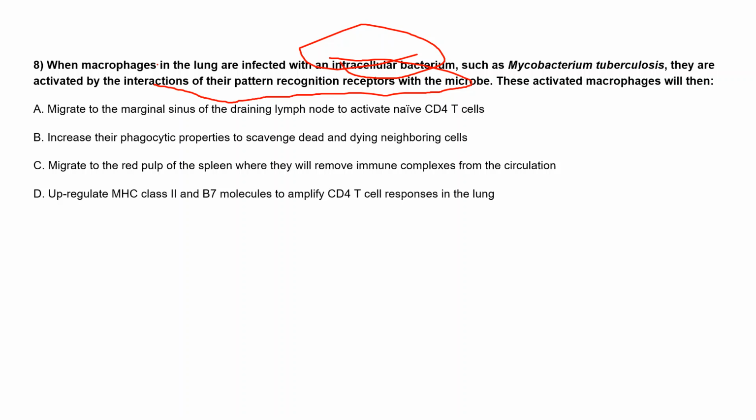Option A. Okay, so they'll migrate to the marginal sinus. Anyone else?